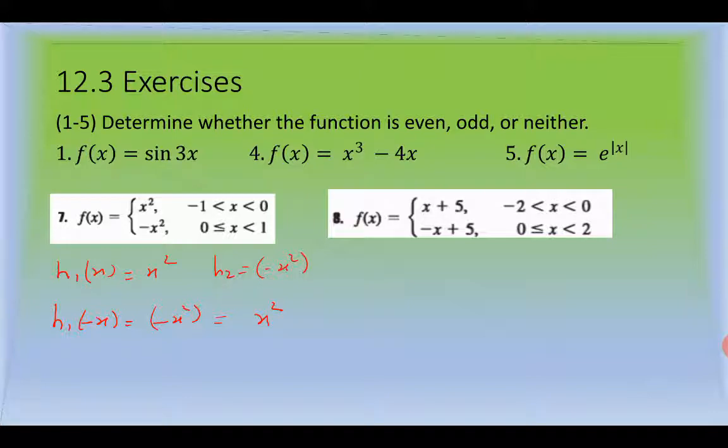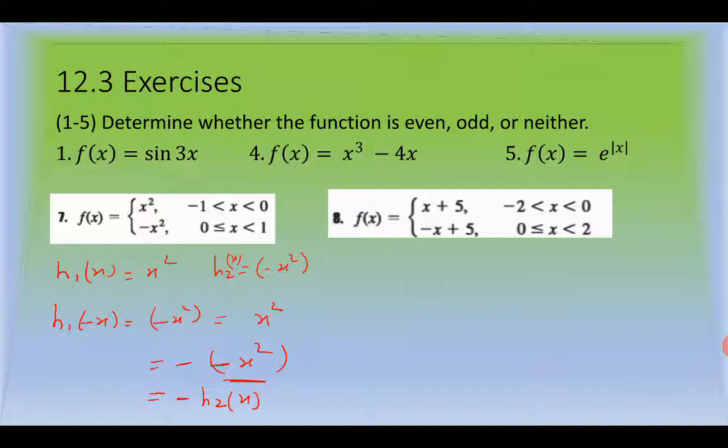So how can we construct x square here, a second function? We can write this as negative times negative x square, isn't it? Square is for only x. So this part is the second function, h2 of x, right?